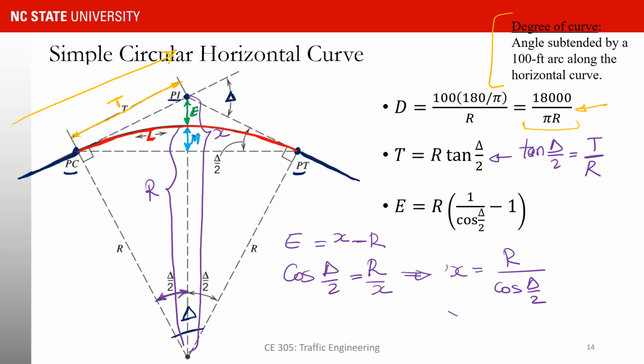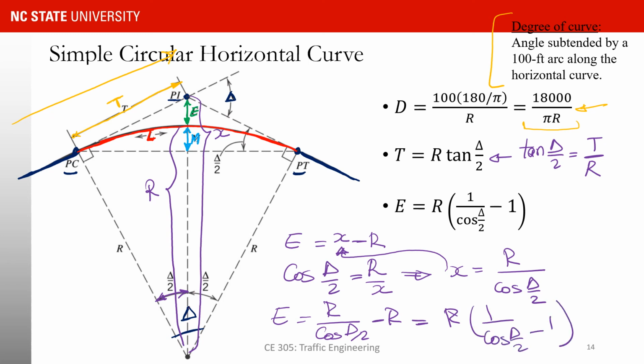So if you just substitute X with this value here, you're going to have E equal to R over cosine of delta over 2 minus R, which is equal to R into 1 over cosine of delta over 2 minus 1. This is the equation that I have here.